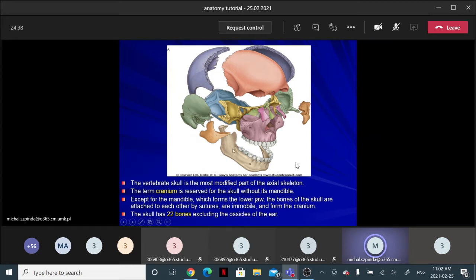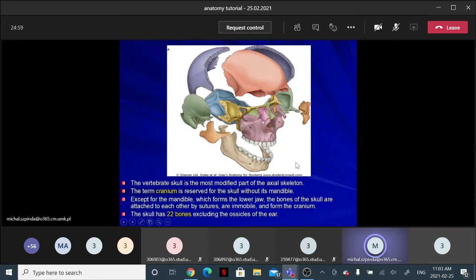The biggest bone referring to the viscerocranium is the mandible. In the fetus, we have 2 mandibles that fuse to form 1 mandible.